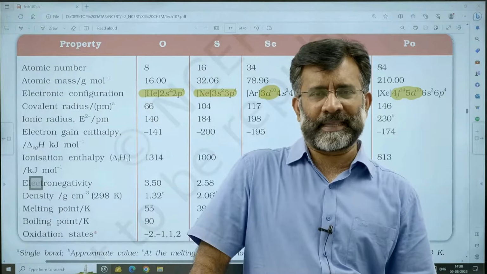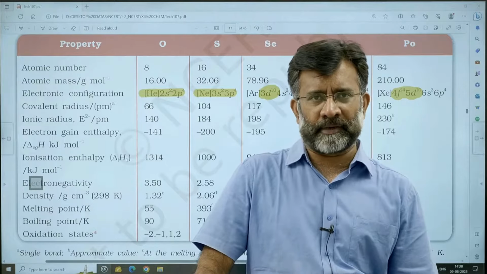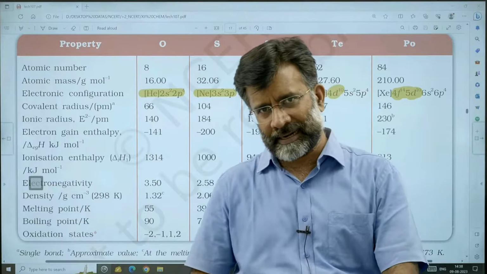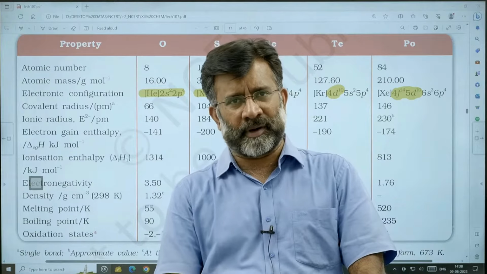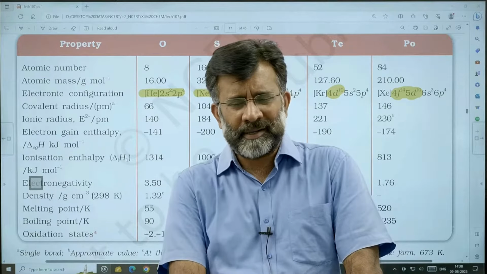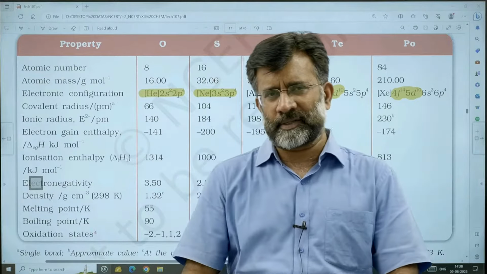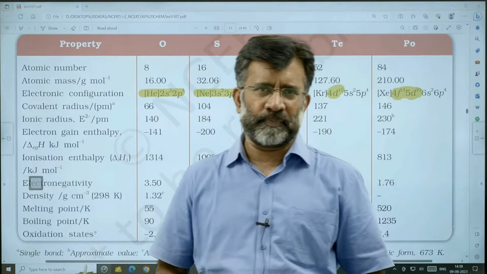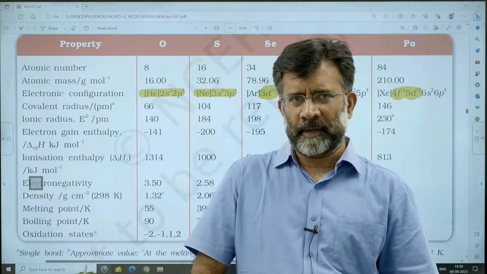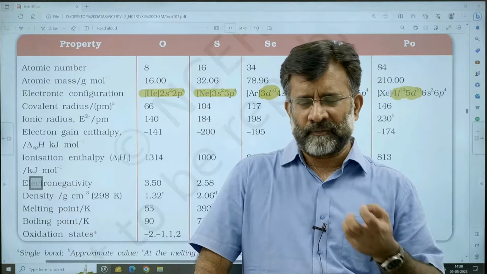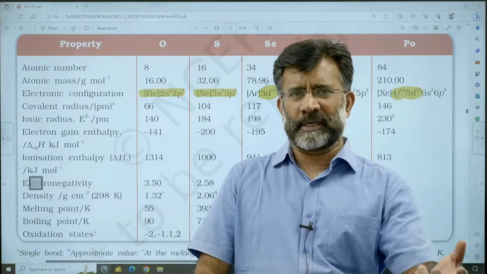The 6s2 electrons can show the inert pair effect, I mean, having a reluctance to take part in chemical bonding. So it can happen, but we don't care much as it is in the 16th group. Polonium is a radioactive species, so we don't discuss much of its chemistry.